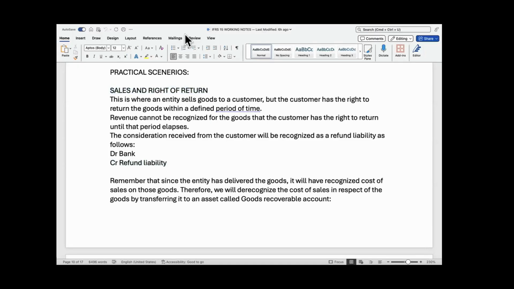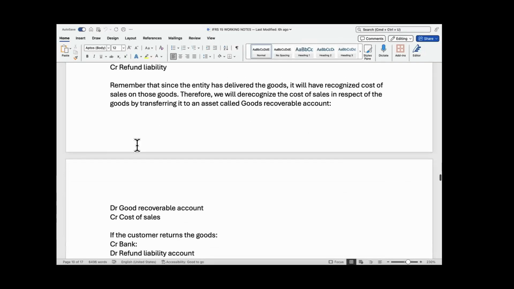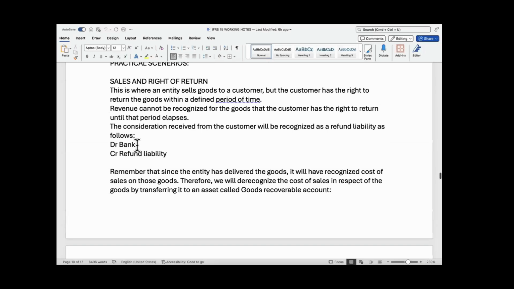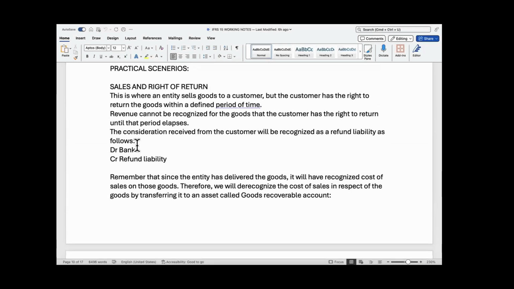So that was why I gave you this double entry: you would debit bank and you will credit refund liability. So you're not going to credit revenue. However, if the customer does not return the goods till that period elapses, then you can transfer this refund liability to revenue.